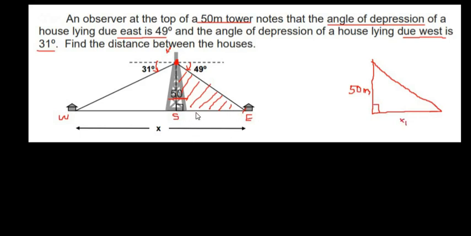So this, south to east, is x1. Now as we know, the angle of depression is making a Z angle with this. So if this is the angle of depression, then this angle is the angle of elevation, which is also 49 degrees, since it is an alternate angle. So here we can take this angle as 49 degrees.